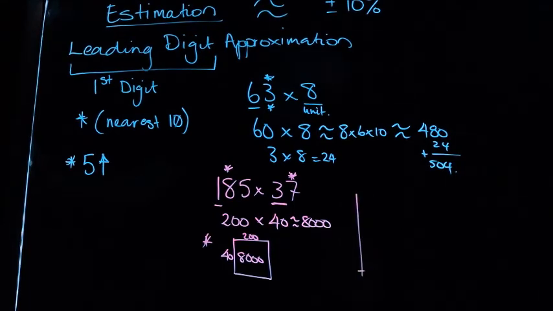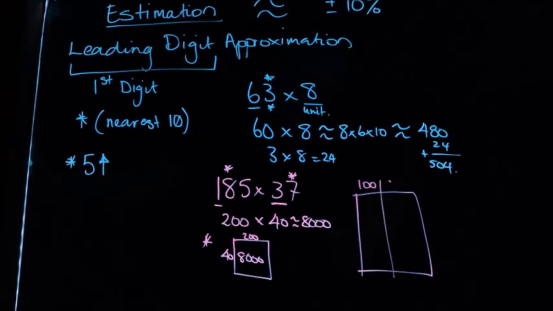Just bear with me for a moment as I do it. What am I going to say this is? This is 100, that's 80, and that's 5. And on this side here, we're going to have 30 and 7. So quickly crunching the numbers, this has got to be 3,000, sorry.